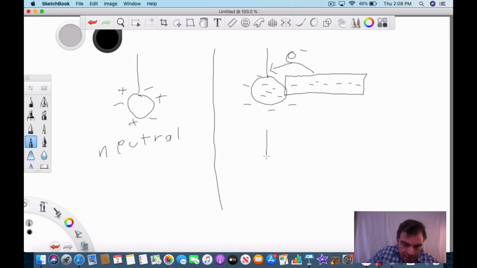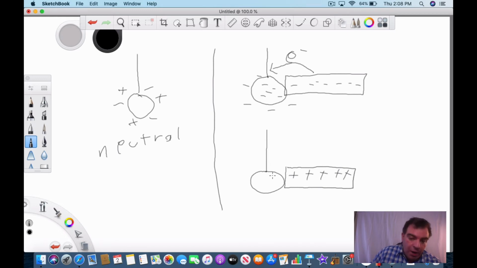Now, let's take this pith ball. Here's the string, here's the ball, and it's hanging from it. And we make it touch a glass rod. As you remember, the glass rod, of course, is always positive. Once it touches the pith ball, what is going to happen?